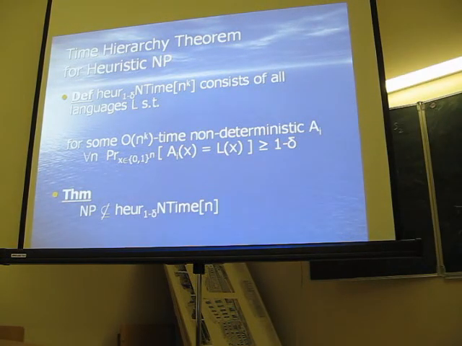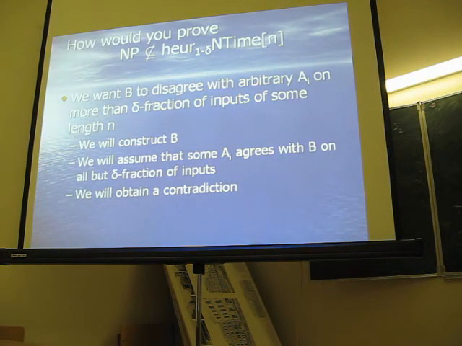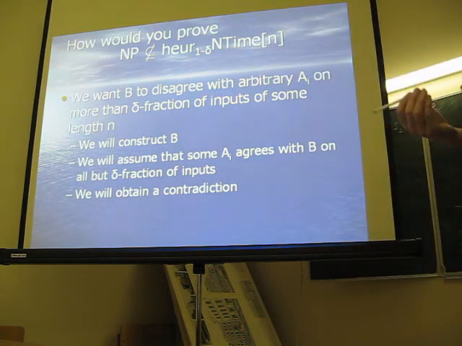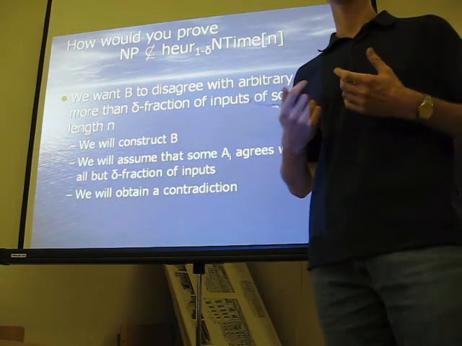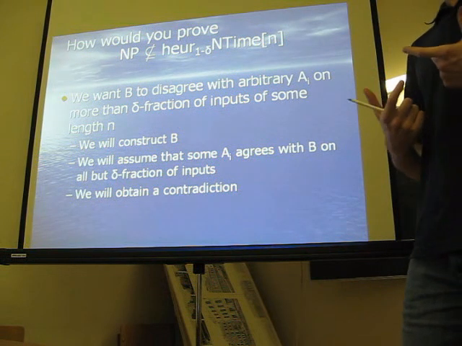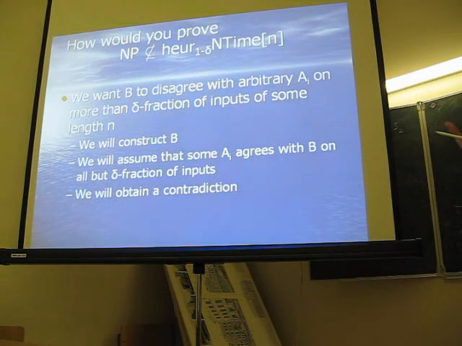Okay. So how would you prove this? What we have to do in order to prove this theorem is construct some machine B, a polynomial time non-deterministic machine, such that whatever non-deterministic linear time machine A we consider, B and A significantly disagree. They disagree on at least delta fraction of inputs of some length.